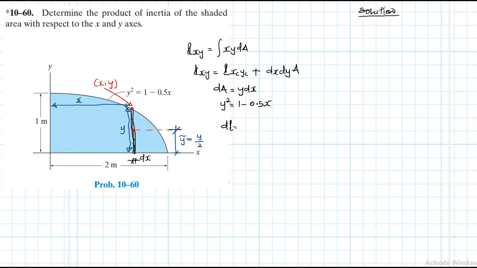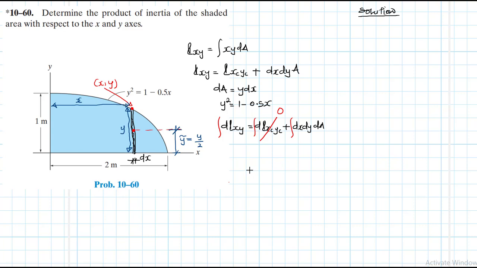So we'll have dI sub xy equal to dI sub xc yc plus dx dy dA. Okay, so let's integrate on both sides. But we know that because this strip is symmetrical about y over 2, there is symmetry. So we expect this to be equal to 0.